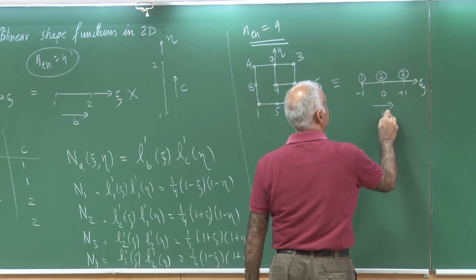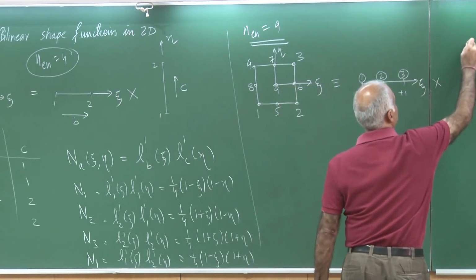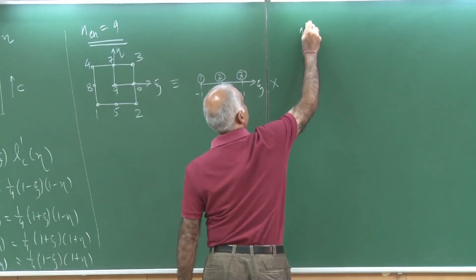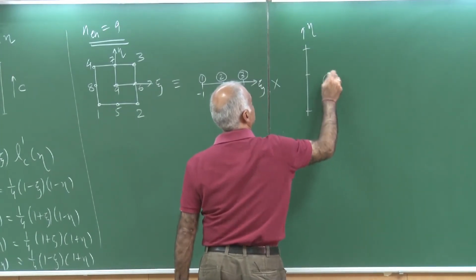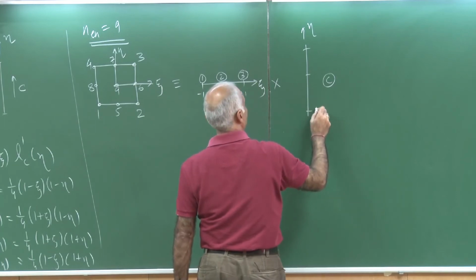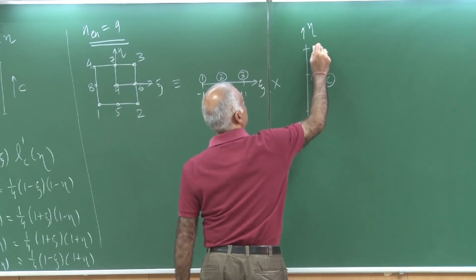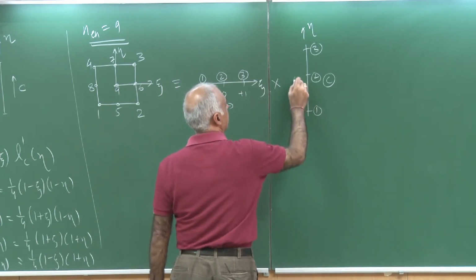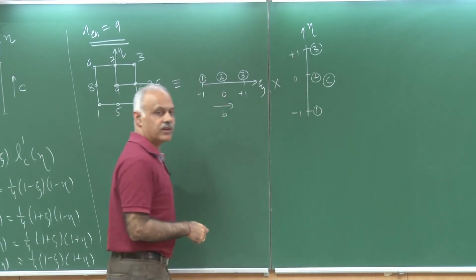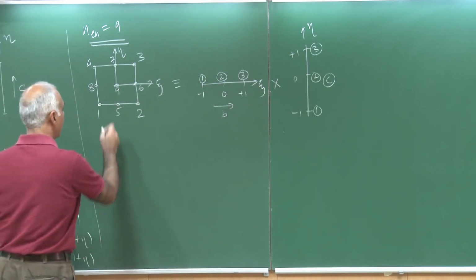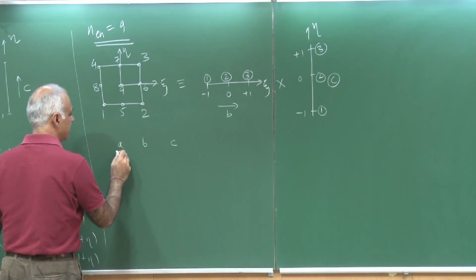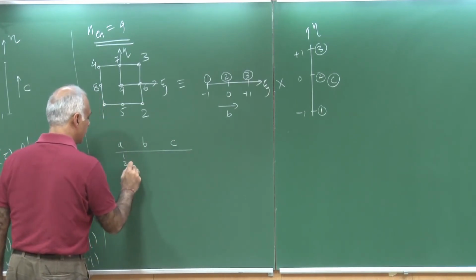So, this is my B direction, times I will go in the eta direction using a variable C. So, this is 1, 2 and 3, and these of course are -1, 0, +1 as the coordinates. So, I will again make a chart here of A, B and C. This time I have to go all the way to 9.